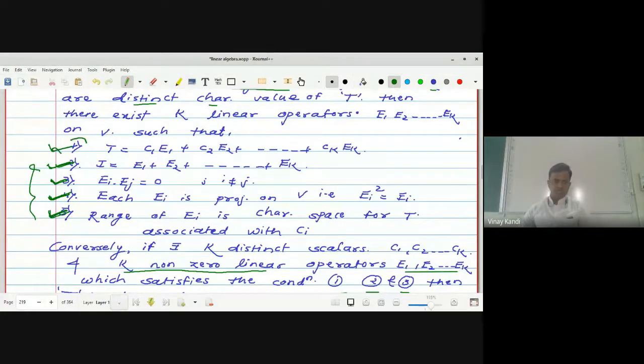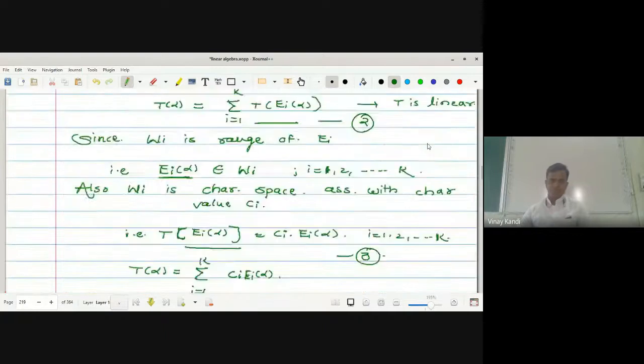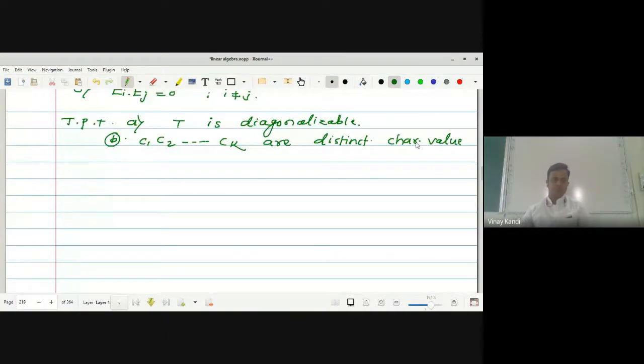We assumed these three things. Second part: we are going to prove that T is diagonalizable and that C1, C2, up to Ck are the distinct characteristic values.